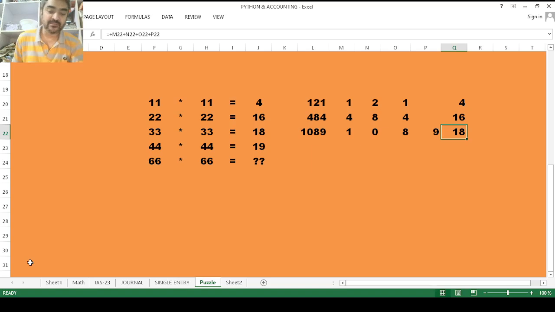It looks like the pattern. Let's do it on the fourth equation. If the pattern remains the same, then we will do it on the last one. So let's do it. 44 multiplied by 44 comes out 1936.